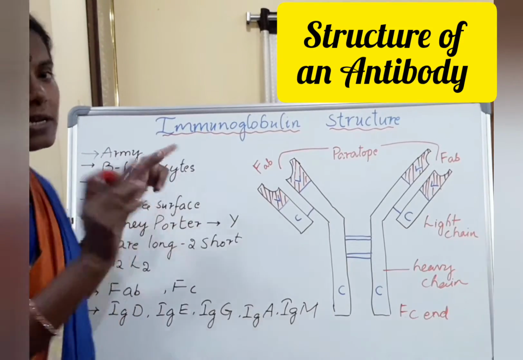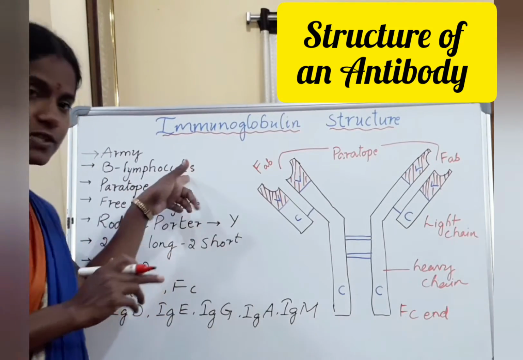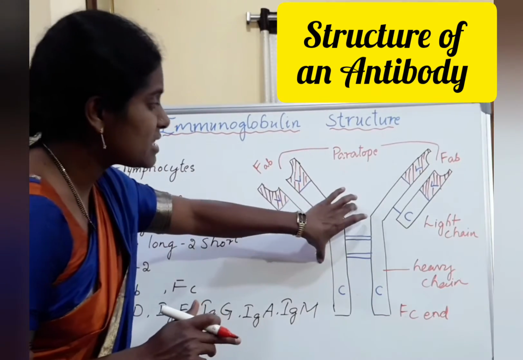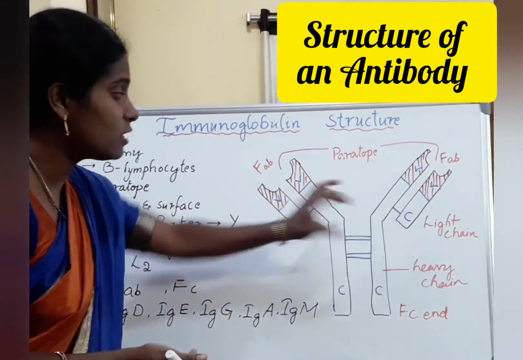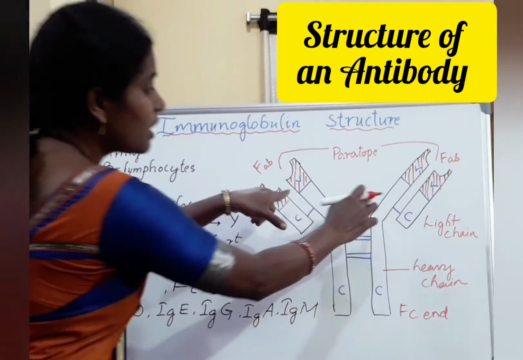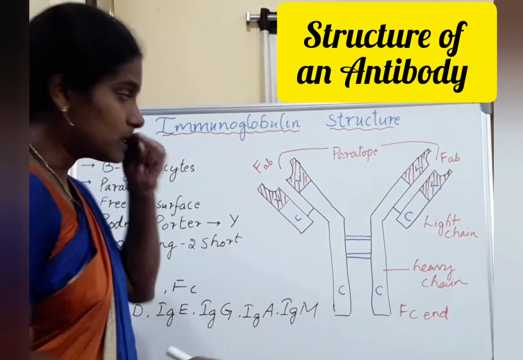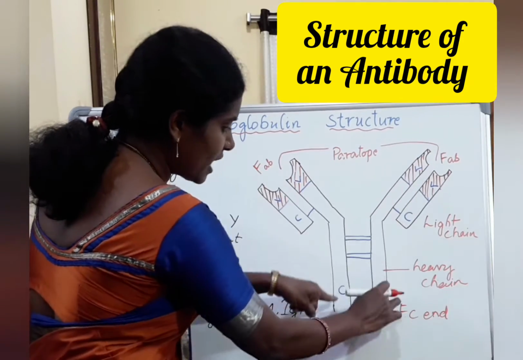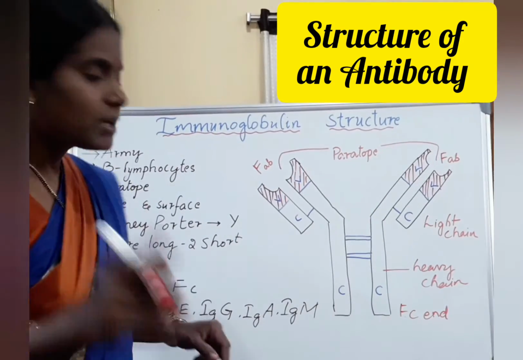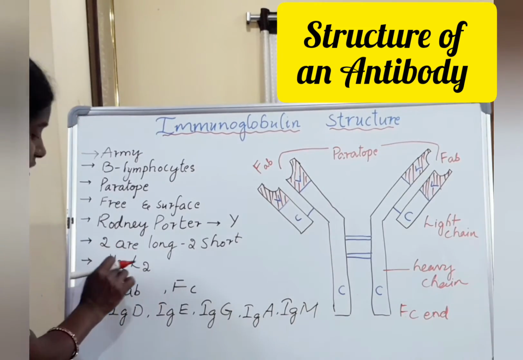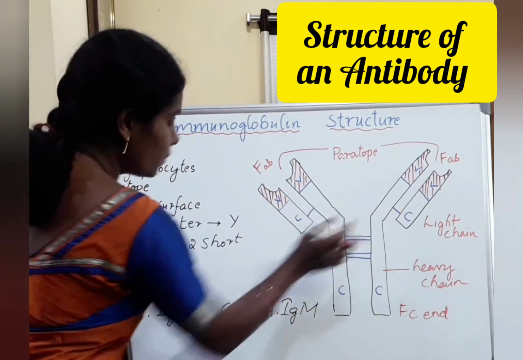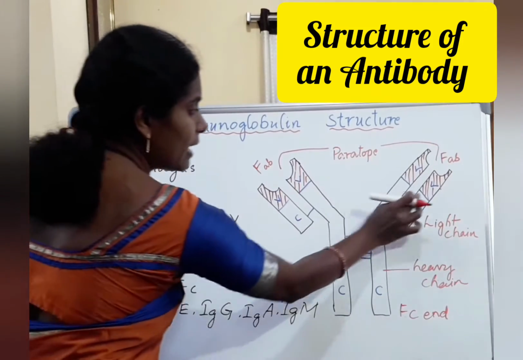So the antibodies are produced by the B lymphocytes, and this is the structure of an immunoglobulin or antibody. It consists of two types of chains called heavy chains and light chains. That's why we call it H2L2: H, heavy chains 2, that is 1 and 2; light chains 2, that is 1 and 2.